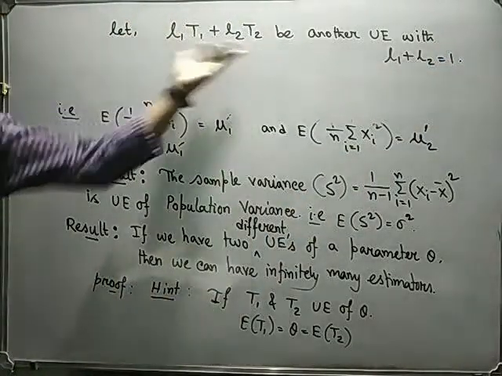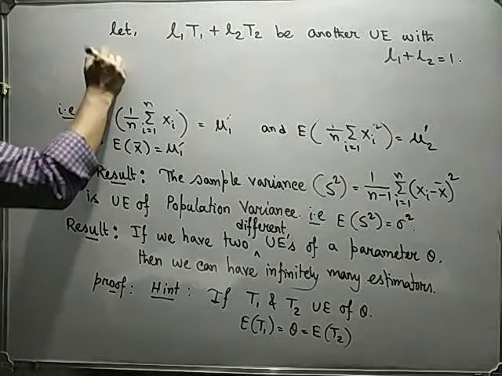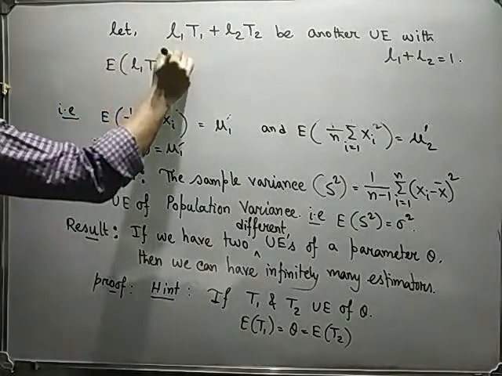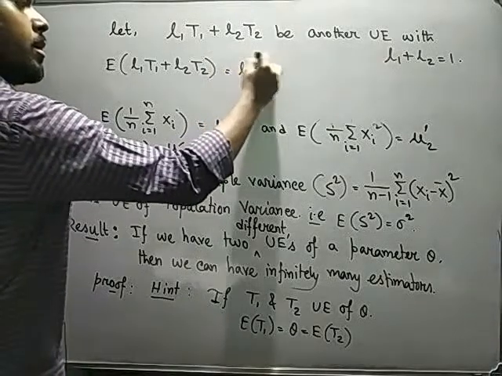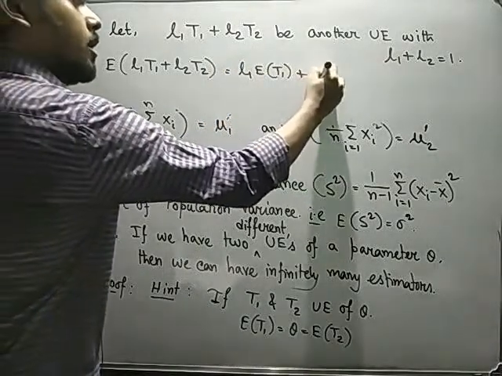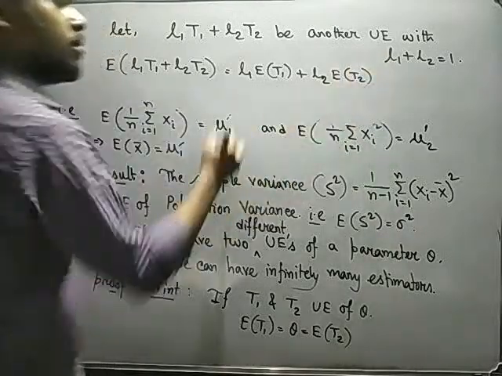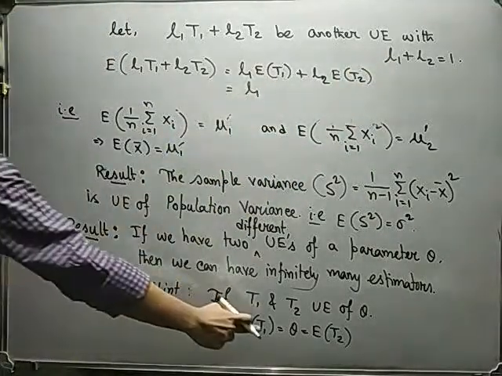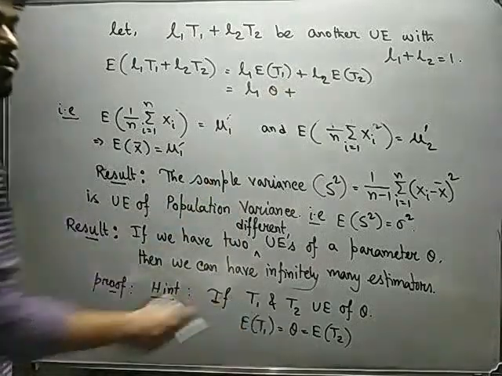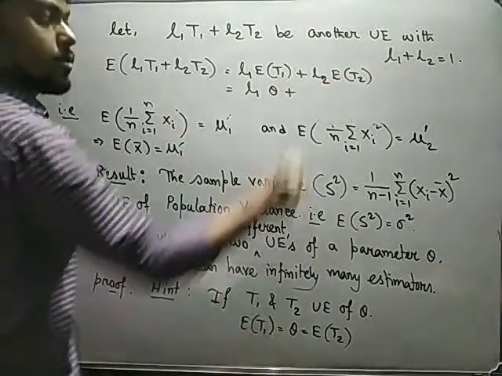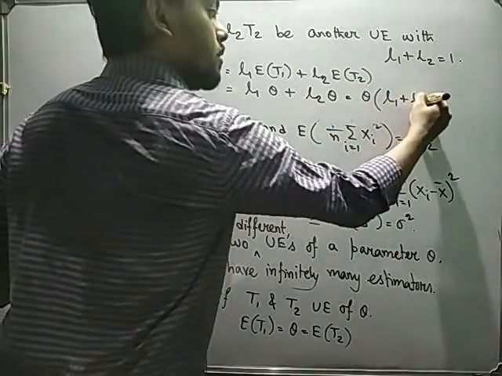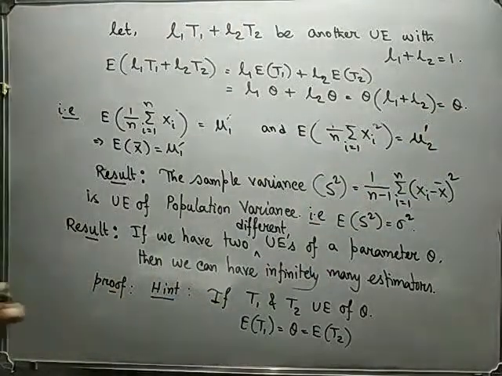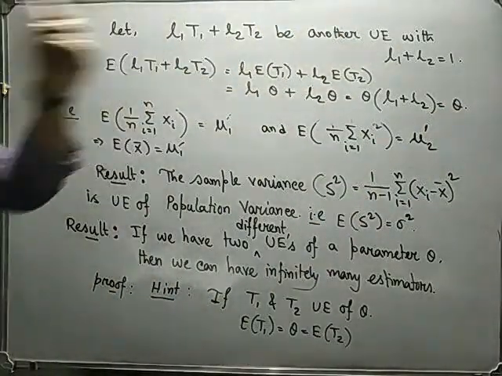Why is it an unbiased estimator? If we take the expectation of L1 T1 plus L2 T2, it gives L1 expectation of T1 plus L2 expectation of T2, which is L1 into theta plus L2 into theta, which is theta into (L1 plus L2), and that is exactly theta, as L1 plus L2 is 1.